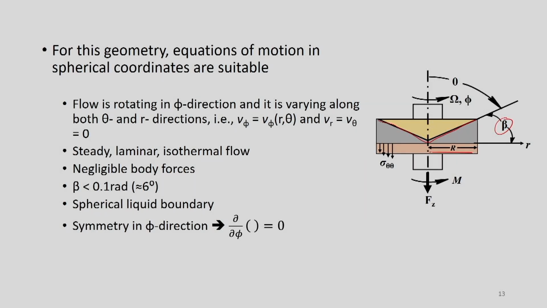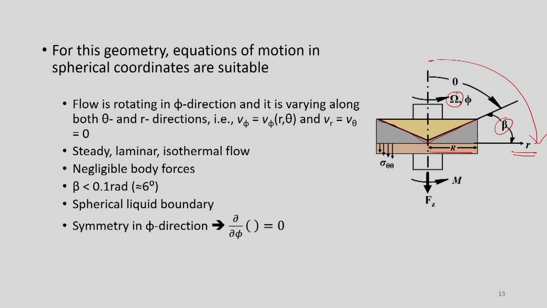So, here this cone is rotating at angular velocity omega in the phi direction, and the theta direction is measured from the top here. So, from here to here this way. This is your theta equals 0 line, this is your theta equals pi line, and this is your radial direction, right.